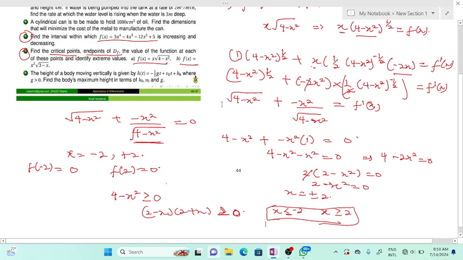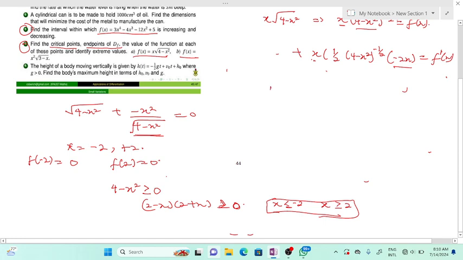So pictorially, we can say that our function, once you have this, we have negative 2 and 2 as the endpoints. So I have negative 2 here, then I have 2 here, and I'm saying that the function is defined over this portion and over this portion.